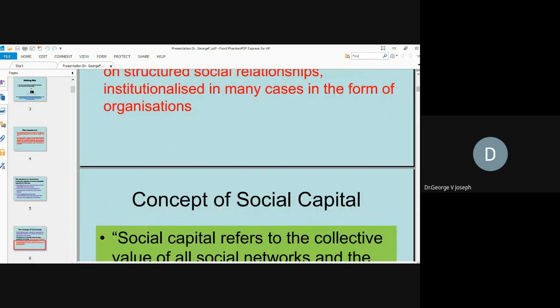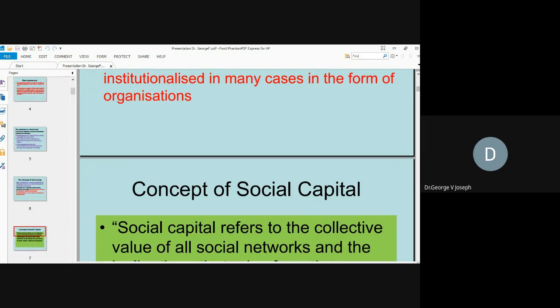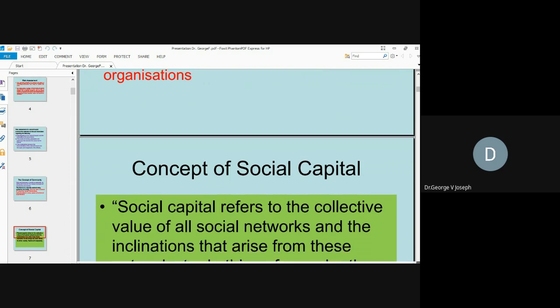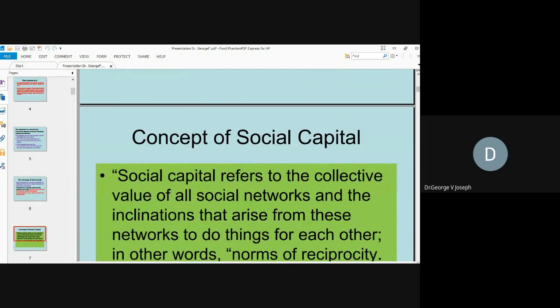When we speak about these things, there is a concept of social capital. Risk and vulnerability have a direct relationship with social capital and the type of networks existing there, and the cohesion among the members of the community: is it divided or unified?